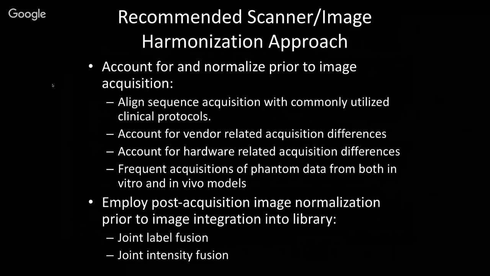Another extremely important recommendation that emerged from this meeting was the importance of harmonization approaches. Sites should use standard sequences and those sequences should be aligned, and measures should be taken to account for vendor-related differences, understanding that there are significant obstacles that currently exist in comparing one vendor to another, both in terms of software and hardware. Another was the importance of frequent acquisitions of phantom data, both in vitro and in vivo, in order to account for some of these hardware and software differences.